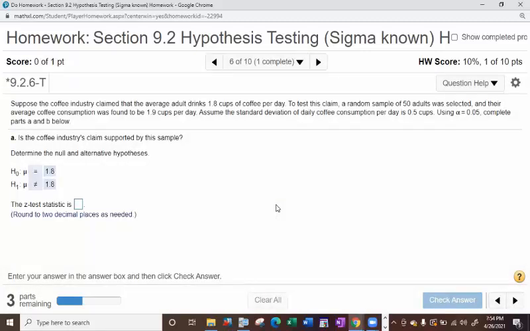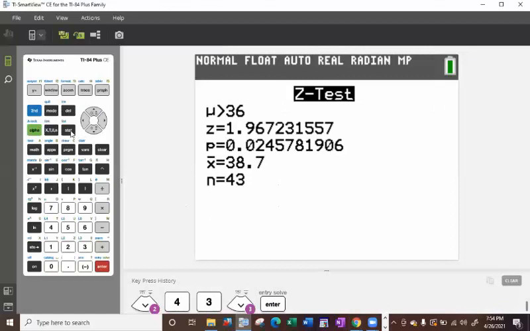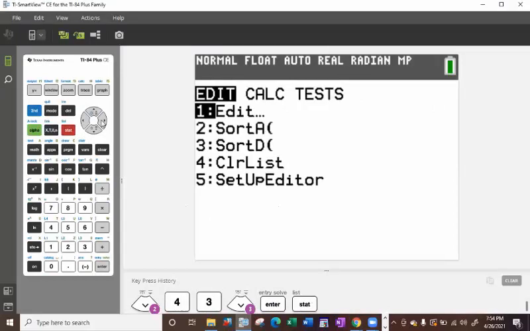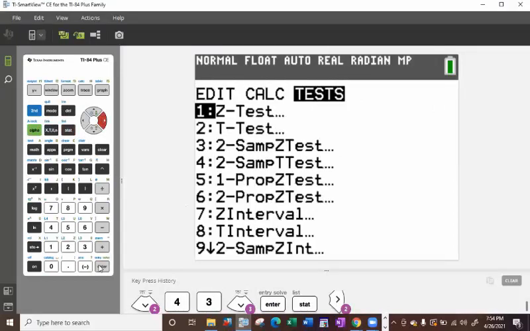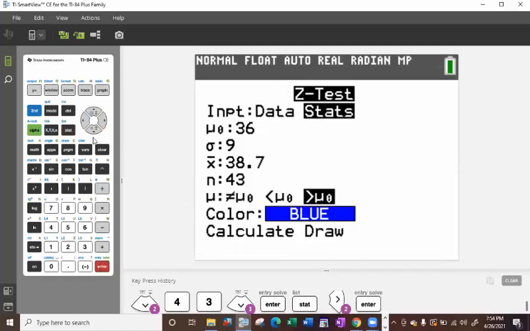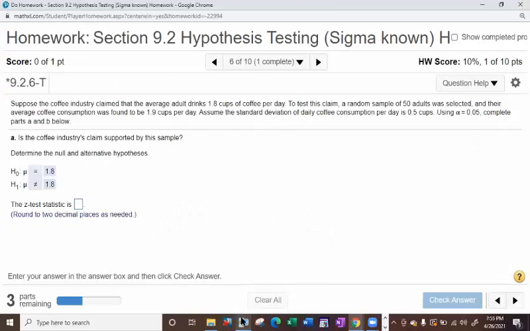So it was equal, not equal. Test statistic. Okay, let's not mess this up again here. I say us, me. I think it's 1.8.